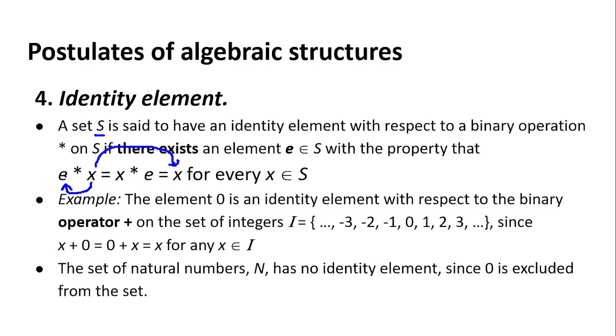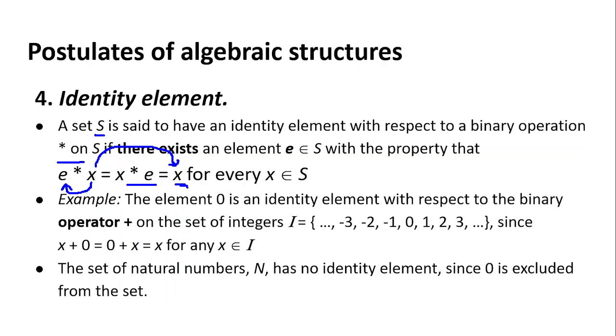So E star x is x, or x star E is x. Remember, whether you stand in front of the mirror, or somebody keeps the mirror in front of you, it is one and the same. You are going to see yourself. So whether you start with E star x or x star E, both of them will return x itself.